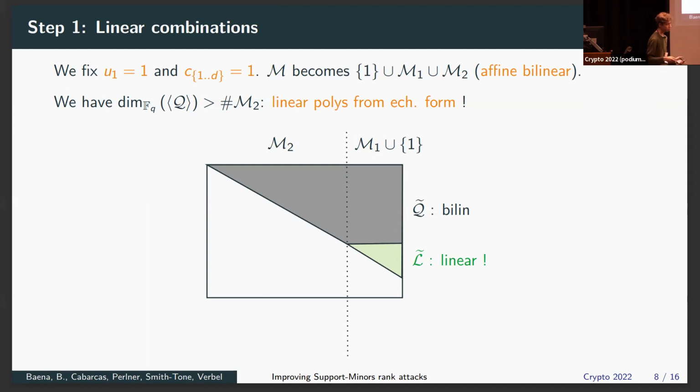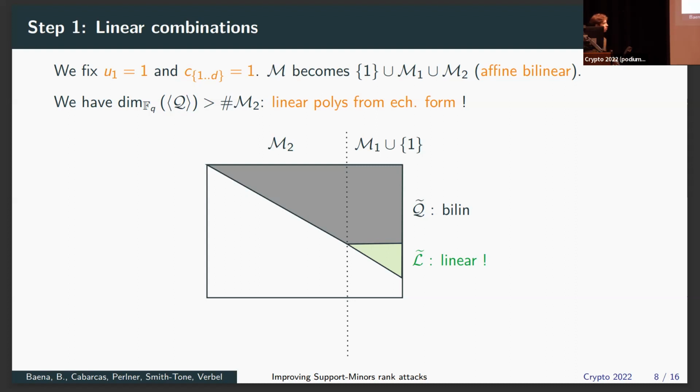Now we have fewer degree 2 monomials. And once again, we notice that we still have an inequality of the same kind between the number of equations and the number of monomials. So this means that we are going to kill degree 2 monomials in some equations.